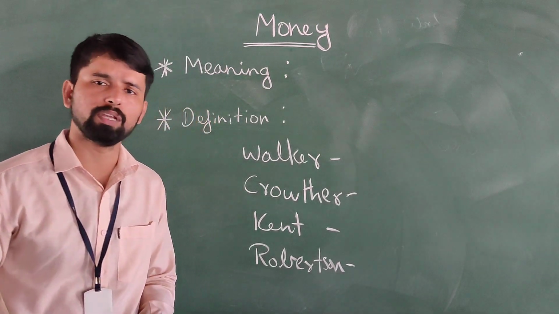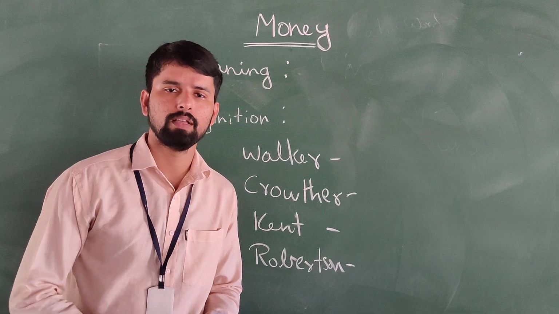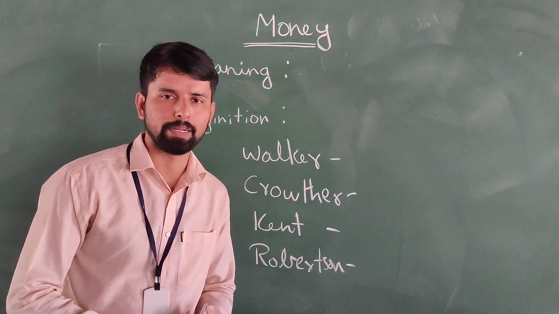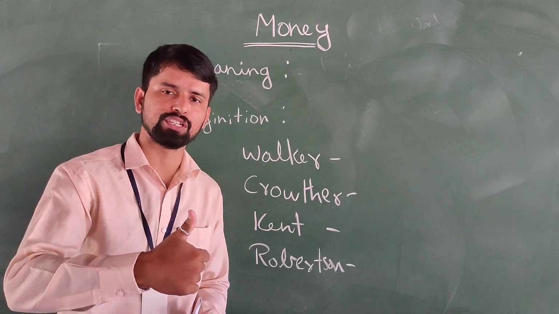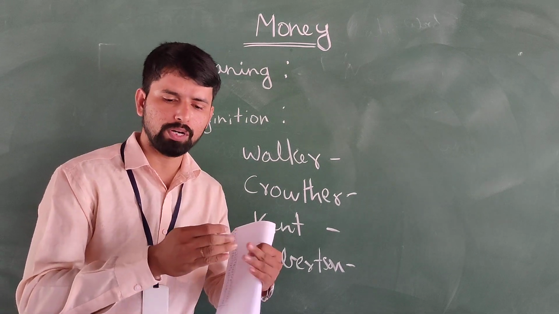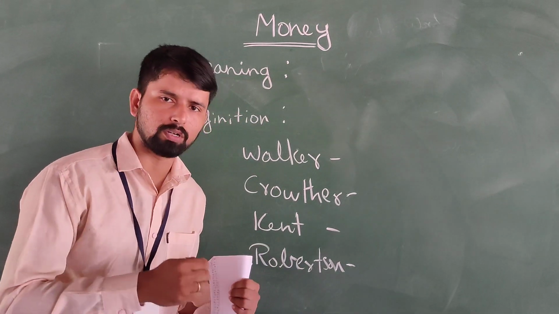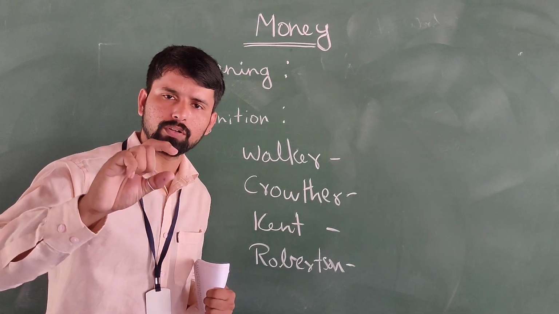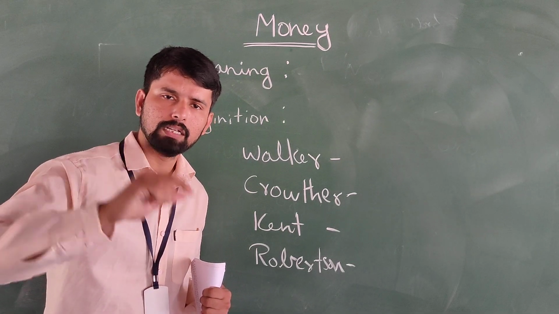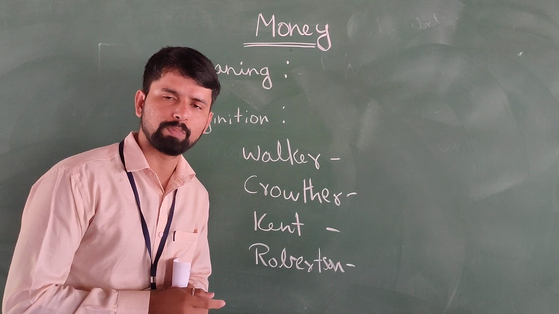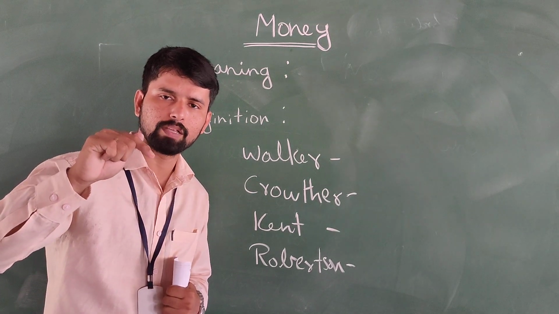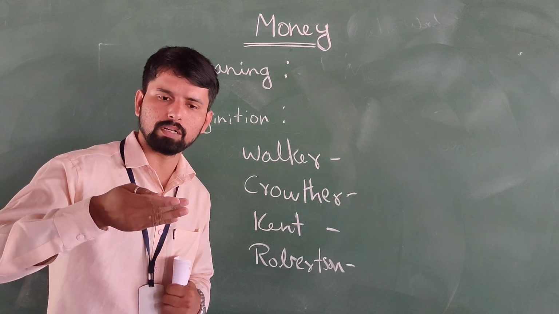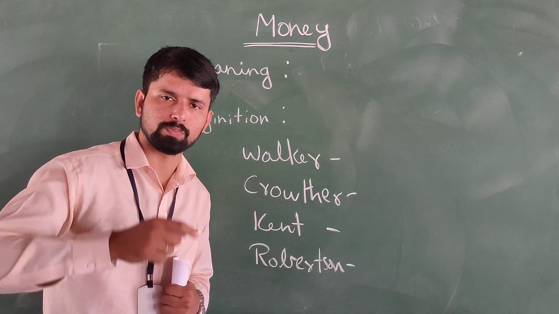What are the business obligations? The repayment, the borrowings, the credit creation. Because in the modern world, according to Robertson, money is not only a source of payment transactions, but also of credit creation and borrowings, because modern businesses depend on investment, right?